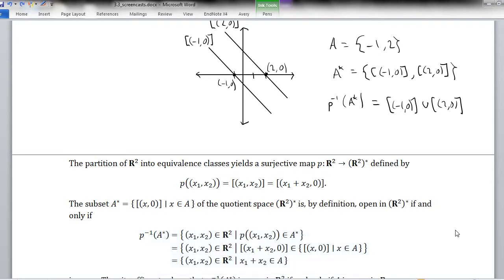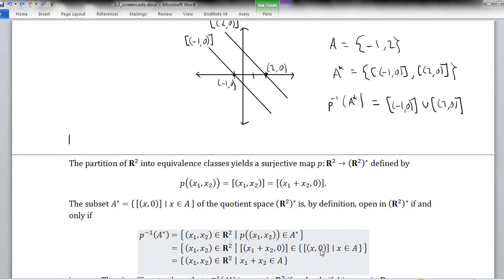Well, what is the preimage of a collection of these equivalence classes? Let's run through the definitions here. It's the set of all points in the plane which get mapped to some equivalence class in A star. Okay. In other words, a set of points in the plane such that the equivalence class of that point is one of these equivalence classes in A star.